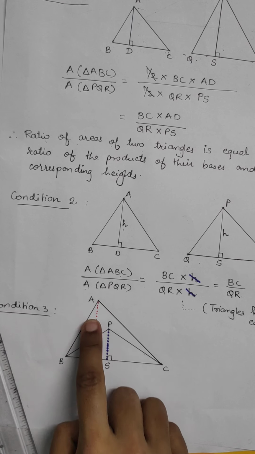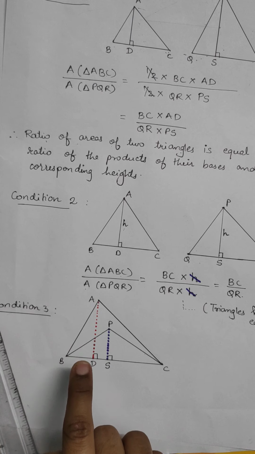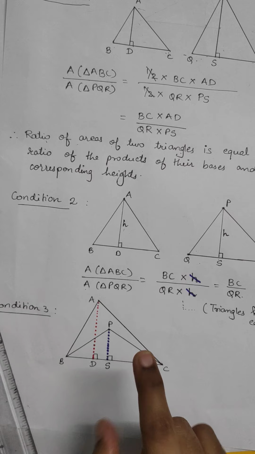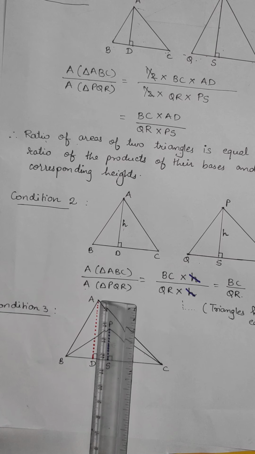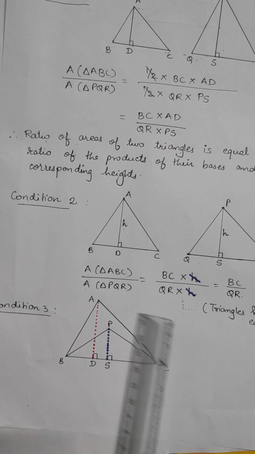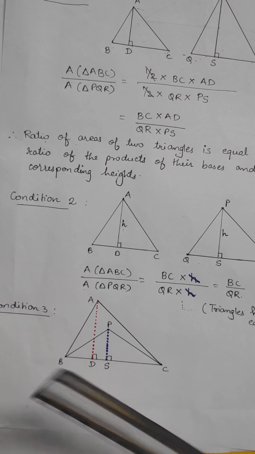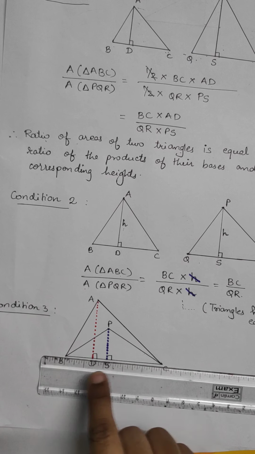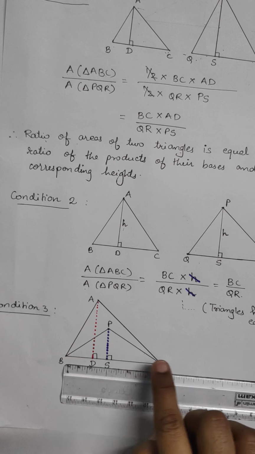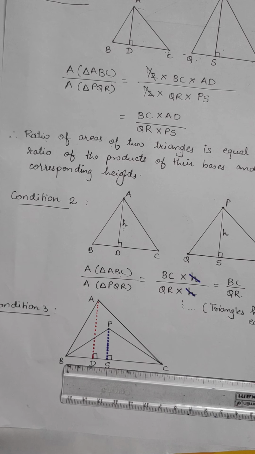It means that for both the triangles, in the third condition, the triangles have an equal base. So what about the height? For the first triangle, the height is AD, and for the second triangle PBC, the height is PS. But for both the triangles, the base is the same, that is BC. So in the third condition, the base is equal.